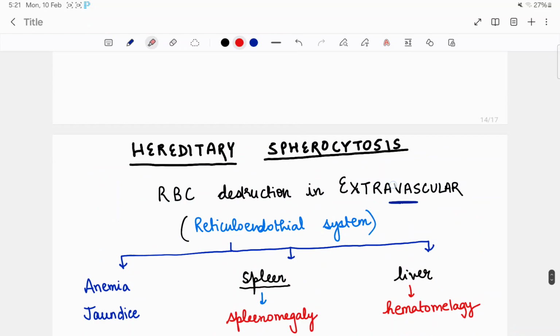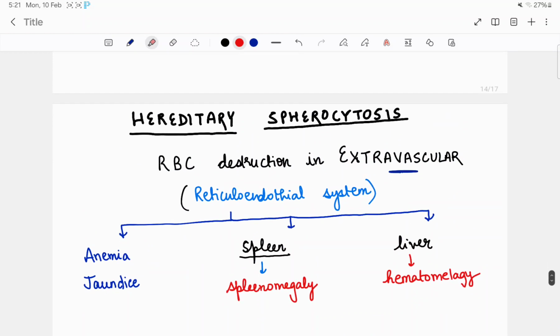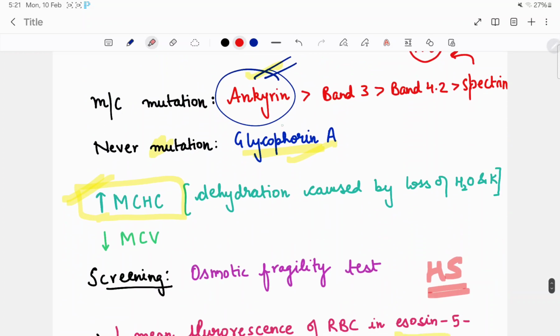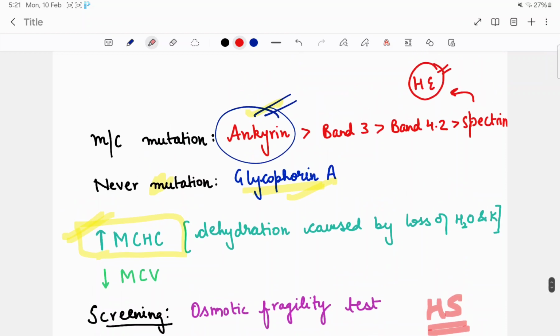There's a lot to understand about the pathology, but for the NEET exam, just remember these points. What is the most common mutation? What is never mutated? MCHC is increased, MCV is decreased, osmotic fragility test, and ankyrin. Spectrin is most commonly mutated in which disorder? It is mutated in hereditary elliptocytosis.